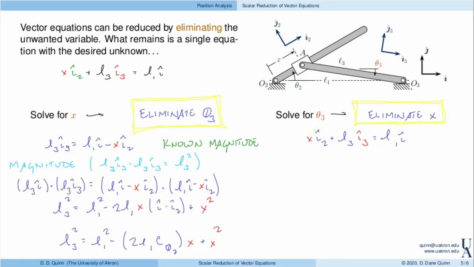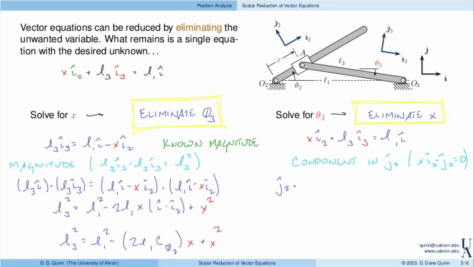So how can I get rid of a vector x in the I2 direction? Well, I can take a dot product. I can take, in particular, the component in the J2 direction, because xi2 dot j2 equals 0. So if I take the component of this entire equation in the j2 direction, this term goes away. So let's do that. Seems like a good idea.